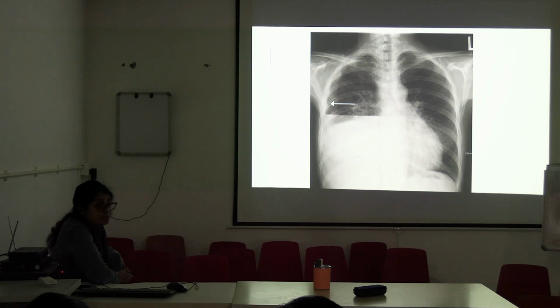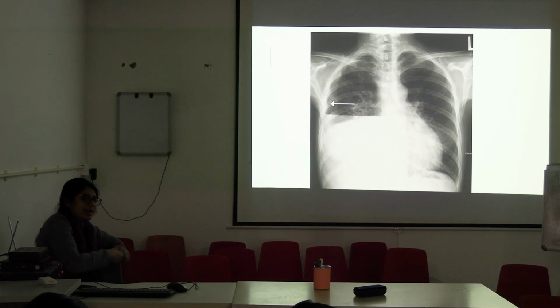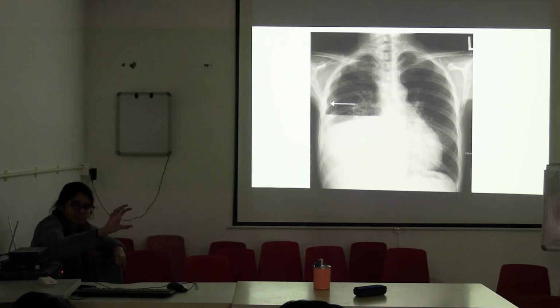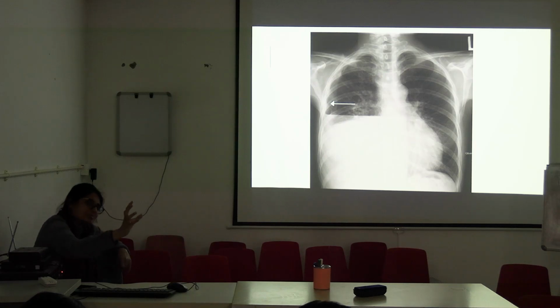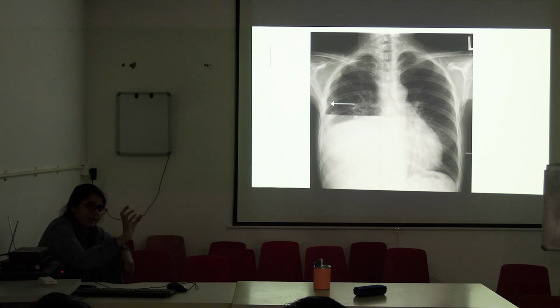Many may get confused, some may call it an abscess because there is an air fluid level. But why not abscess? Because I cannot see lung marking in some portions. An abscess is inside the lung, lung all around, and abscess in the middle. In massive cases only abscess will be visible, but abscess is a cavity inside the lung, the surrounding area is lung, and in the middle you get a cavity with an air fluid level.